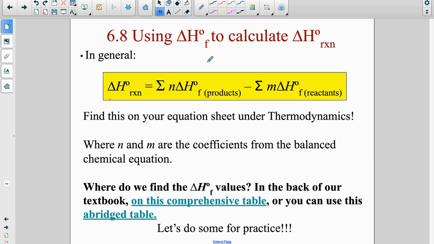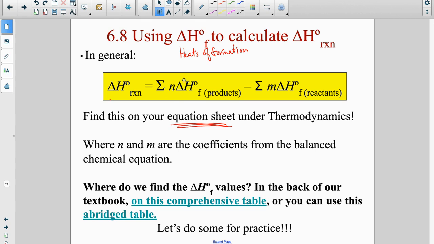So using delta HF, heats of formation, that's what these are, heats of formation or enthalpies of formation. There's an equation, and this is on your equation sheet under thermodynamics.